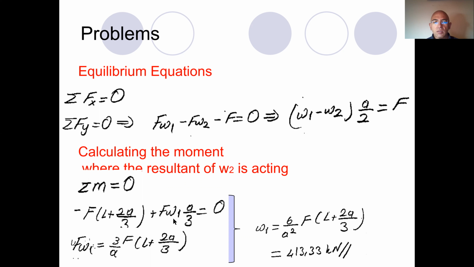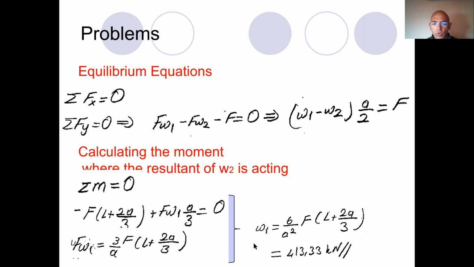As a result, the moment generated by Fw1 is Fw1 multiplied by A divided by 3, and the sum has to be equal to 0. Now from here, I can easily say that Fw1 is equal to 3 divided by A, times F multiplied by (L plus 2A divided by 3).